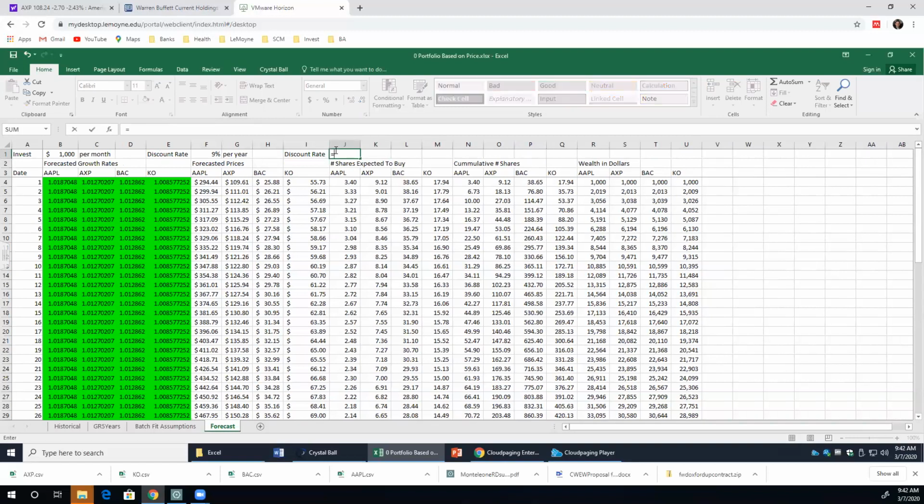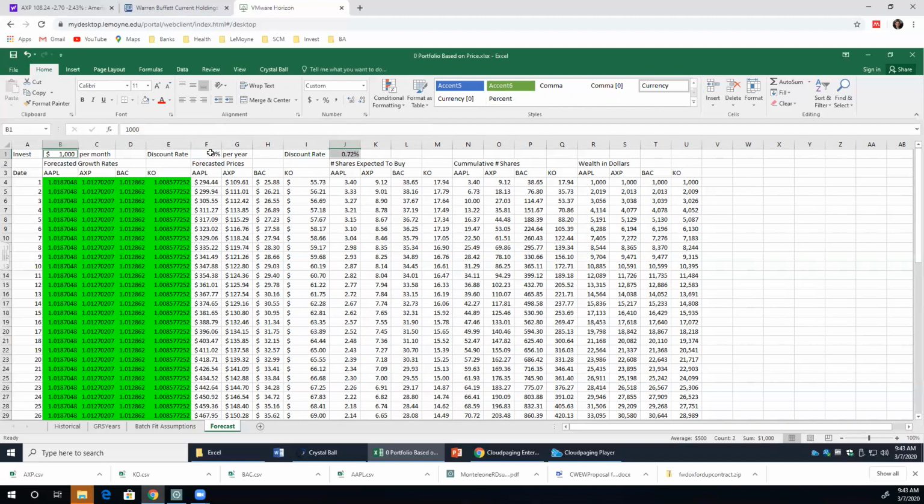I could just do the geometric average, which is 1 plus the rate to the power of the number of periods. So in this case, I'm converting from year to month. 1 month is 1 over 12 years. So that's why my power is going to be 1 over 12, minus the principal that I added at the beginning. So you can see that the discount rate that I'm going to use here is going to be 0.72%.